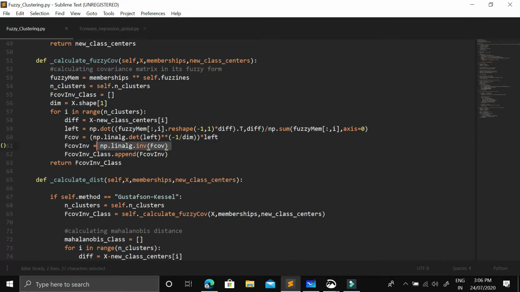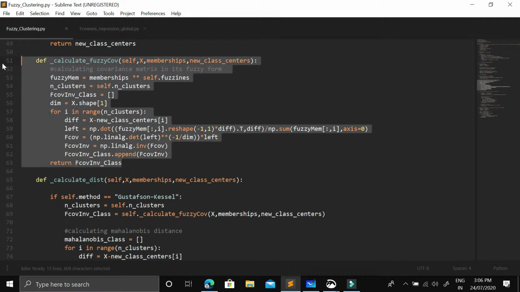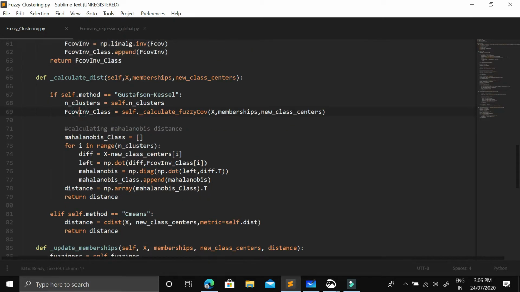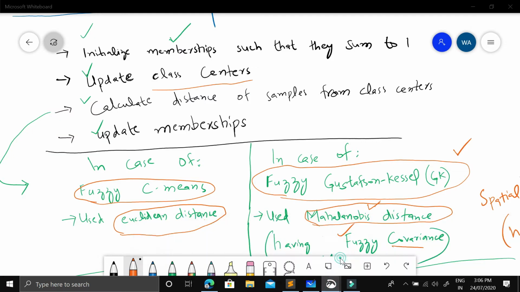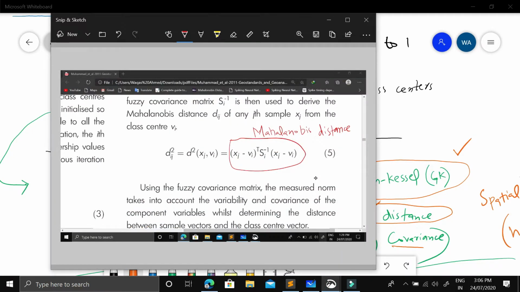After taking the inverse, I just append it and store it in the list. So we have the fuzzy covariance inverse matrix up till now using this function. Once we have that, we calculate the Mahalanobis distance. The Mahalanobis distance is calculated using this whole part, where I multiply this S inverse that I have just calculated with this difference transpose and this difference.